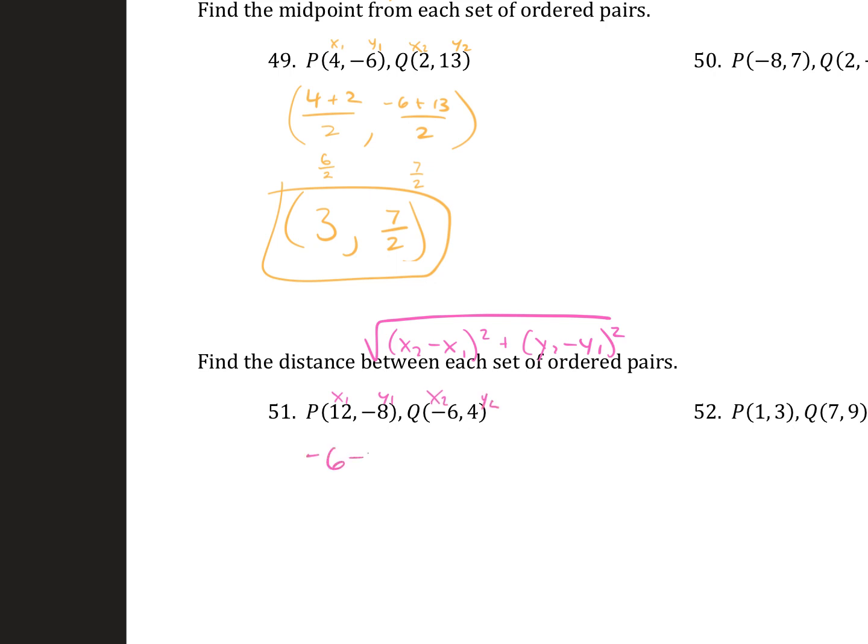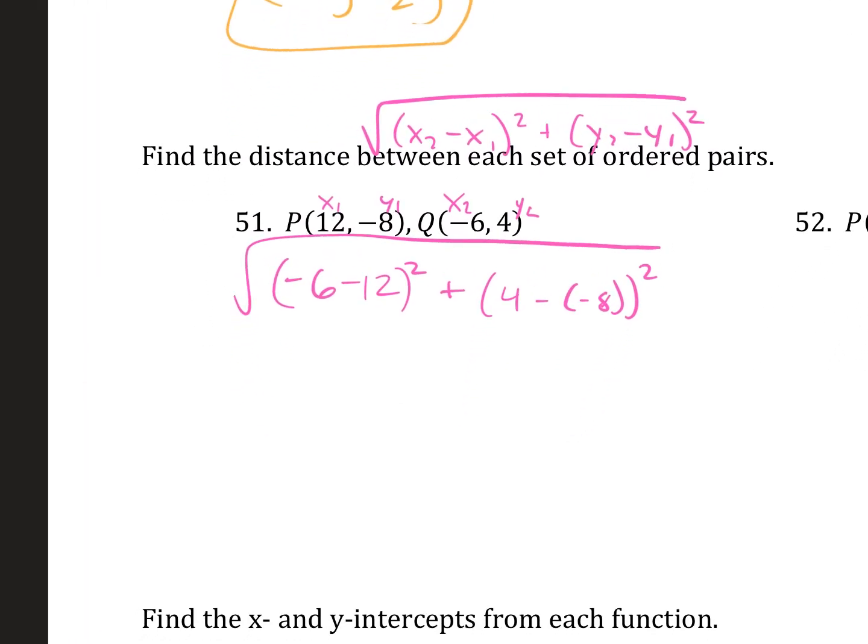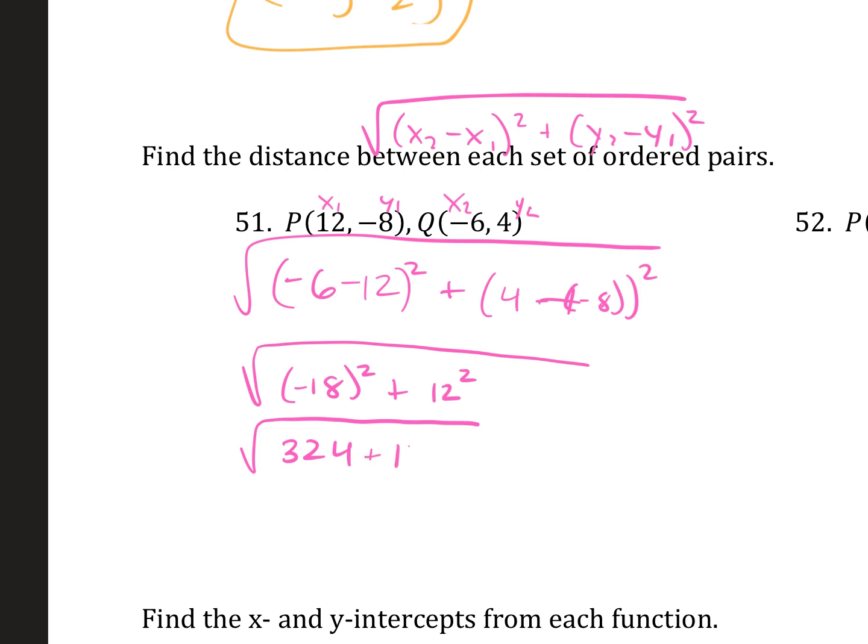So negative 6 minus 12 squared plus 4 minus negative 8 squared. So this would be negative 18 squared plus 12 squared. What is negative 18 squared? Plus 144.